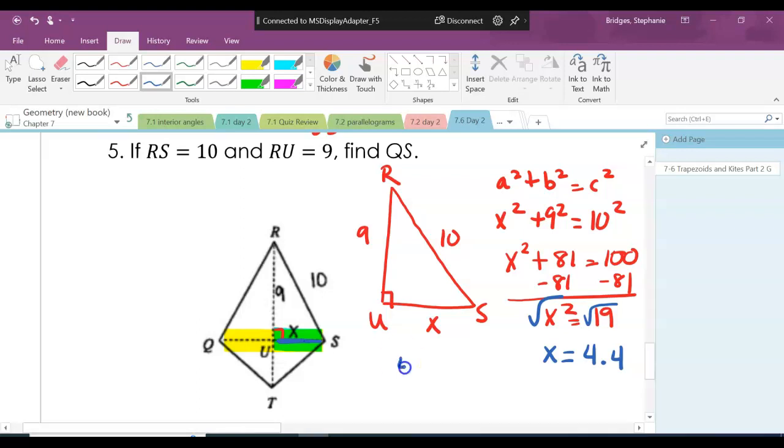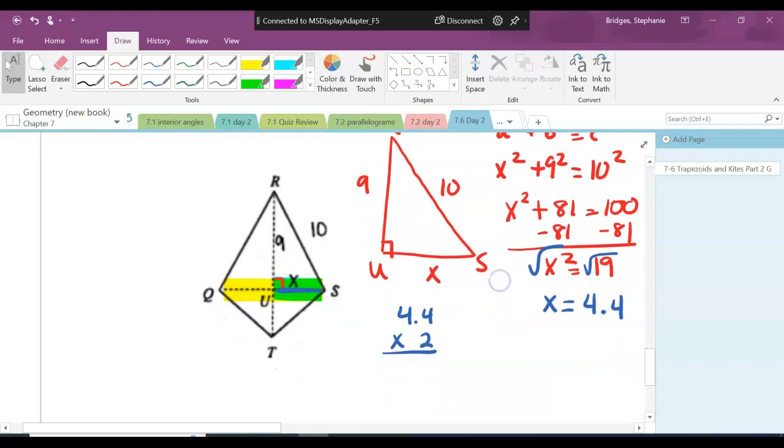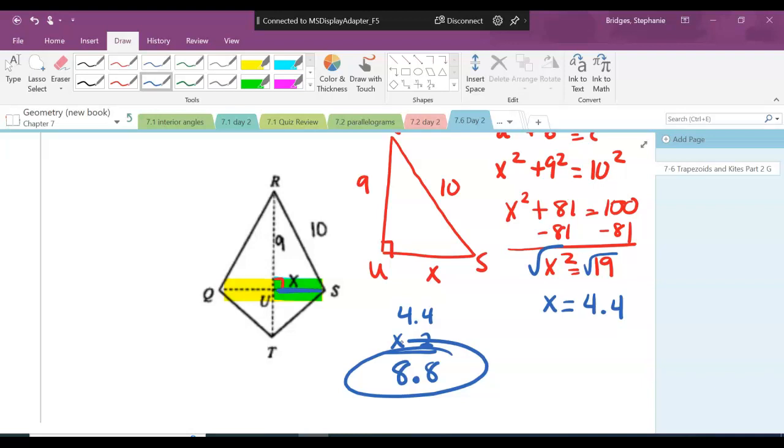Times it by 2. So 4.4 times 2 gives me a total of 8.8. Everybody okay with that?